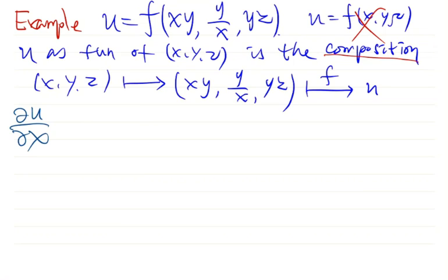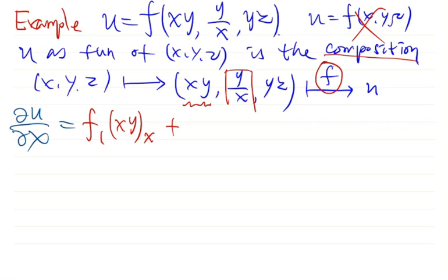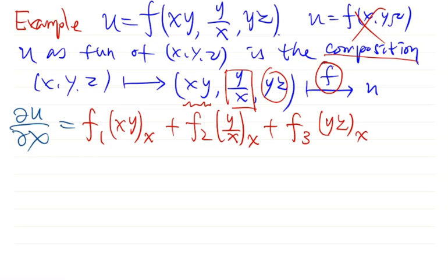By the chain rule, this will be the partial derivative of f with respect to its first argument, denoted by f1, multiplied by the derivative of the first argument with respect to x, plus the partial derivative of f with respect to its second argument, denoted by f2, multiplied by the derivative of the second argument with respect to x, and also the third argument and its derivative with respect to x.